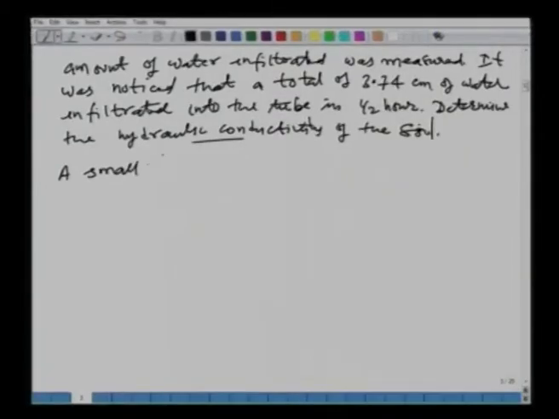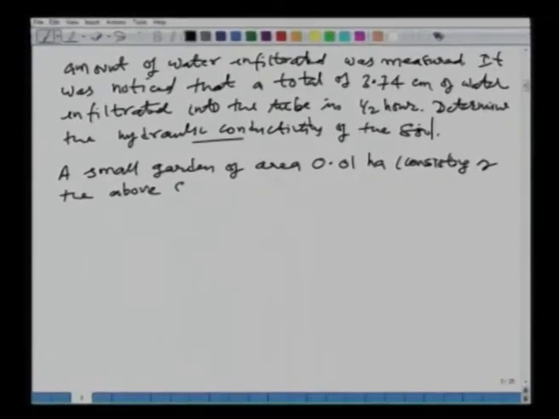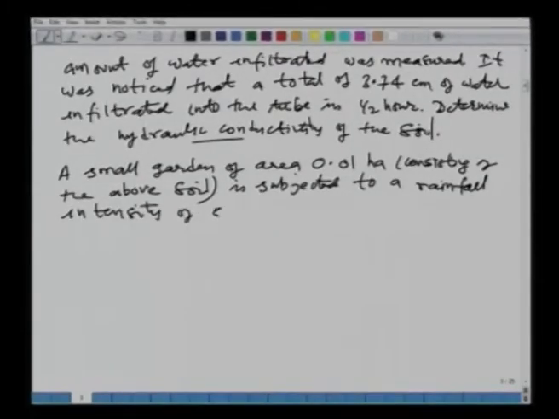A small garden, it may be in your hostel or in your home outside, of area 0.01 hectare, which consists of the above soil, meaning it has the same soil properties, is subjected to a rainfall intensity of 5 centimeter per hour.